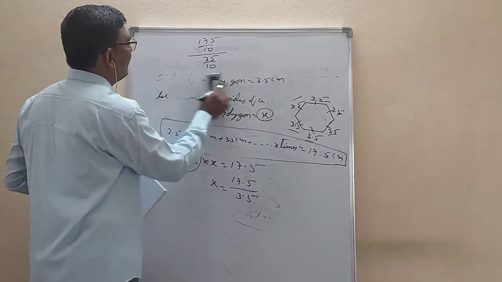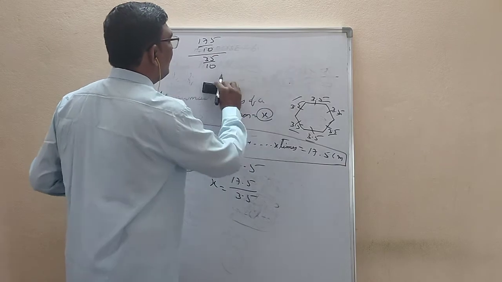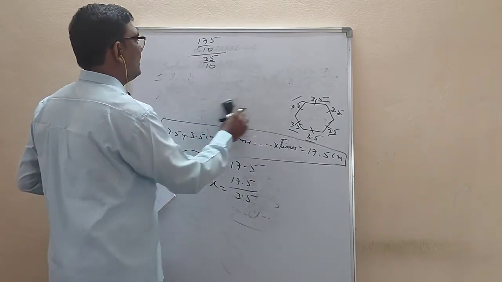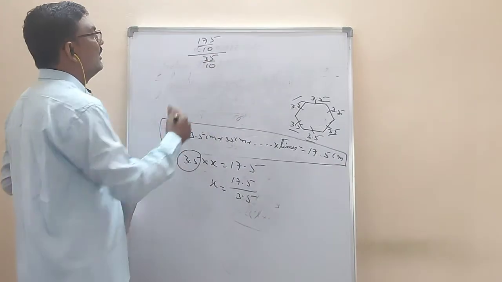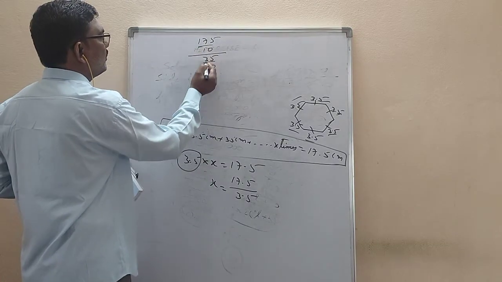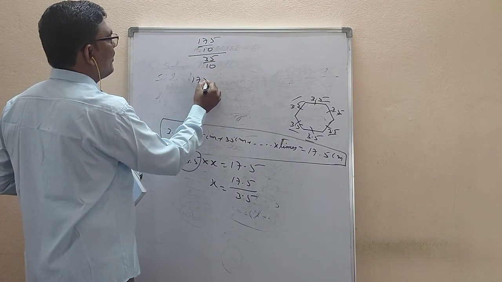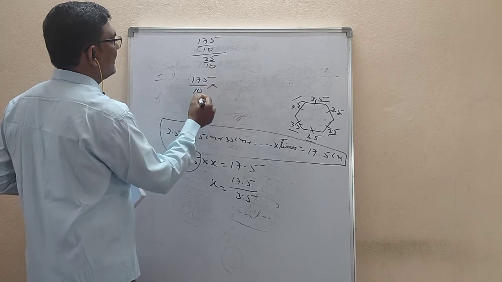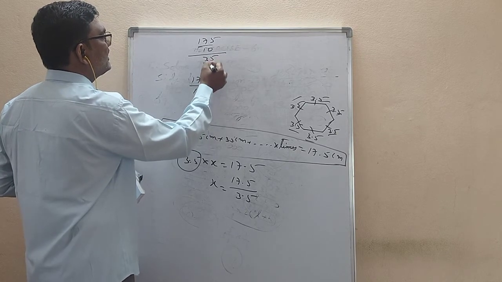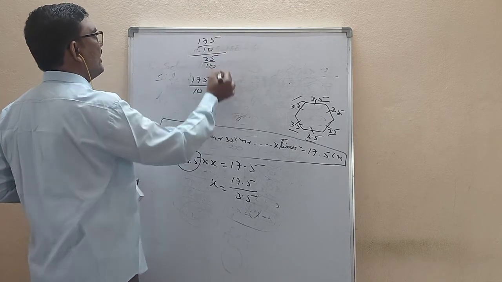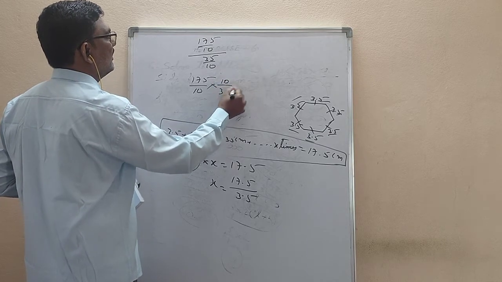If you have one fraction in the numerator and another in the denominator, write the numerator fraction as it is, multiply by the reciprocal of 35 by 10.